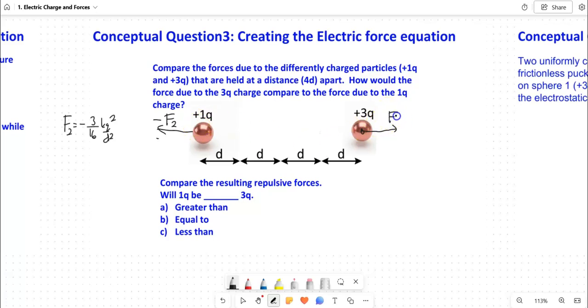So I'm just going to call this force F, and its direction is to the right. Summing the forces in the x direction, we're doing a force diagram on our positive 3q charge, but it's being acted upon by the positive 1q charge. So that's going to be k times positive 1q all over a distance 4d that we're squaring.